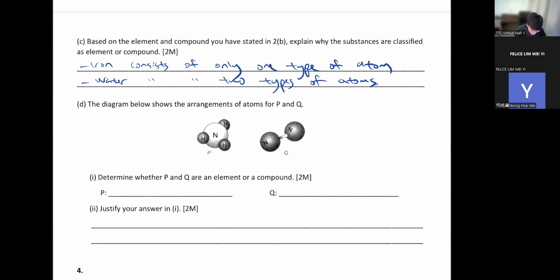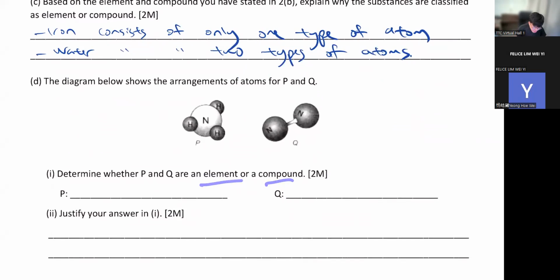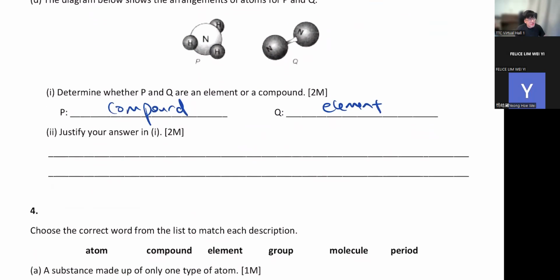Okay, next D. So P and Q, whether they are element or compound. Compound is this one. You have N and H, two types of atom. So this is compound. So Q here is an element because there's only one type of atom here, N. Justify your answer.